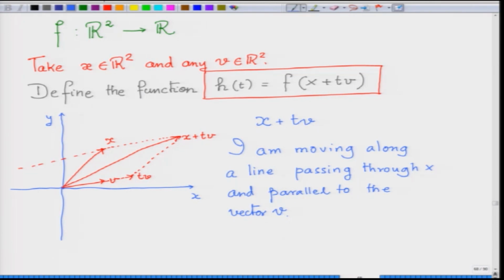When t is equal to 0, h(0), I have f(x). I have f(x) when t is equal to 0.